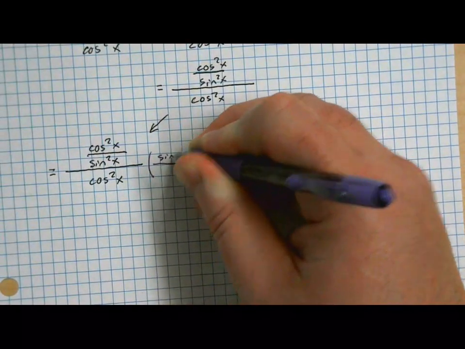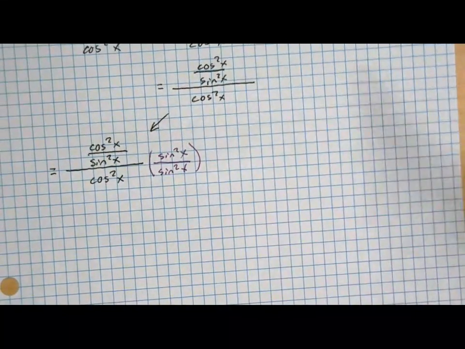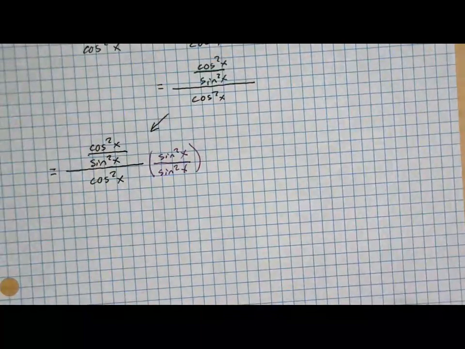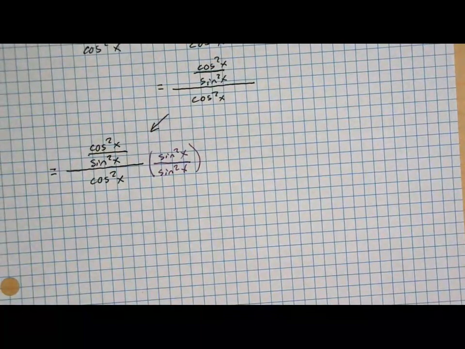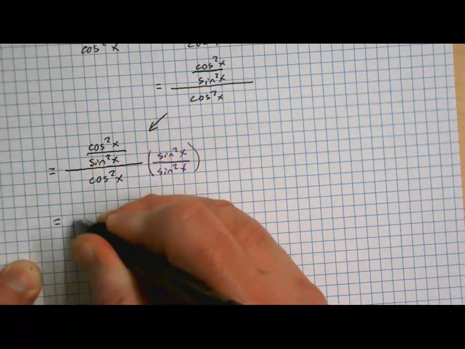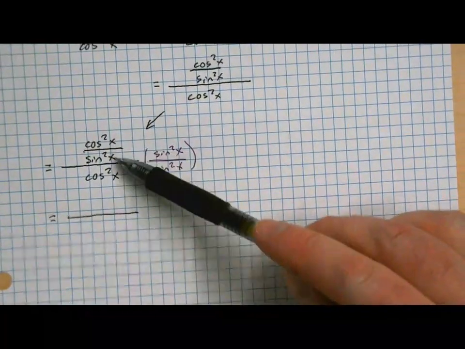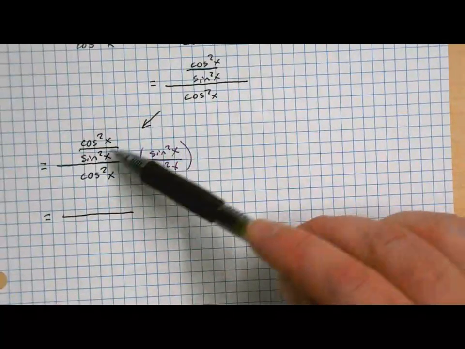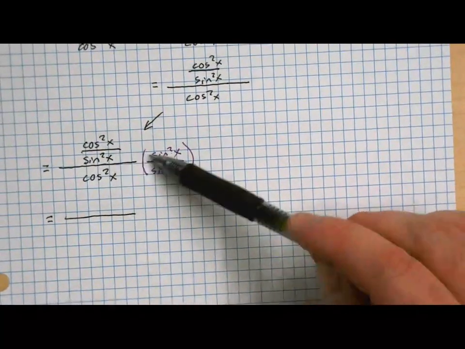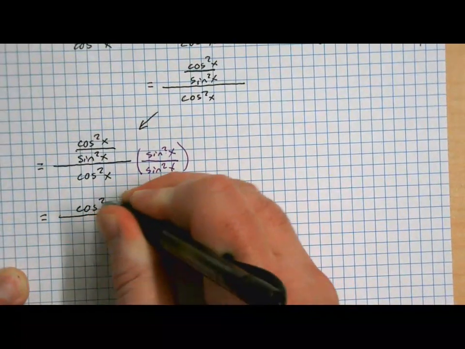It's going to be sine squared x over sine squared x. My whole purpose in doing that is to fix it so that my numerator up here, this fraction, cancels out, because sine squared times sine squared on the bottom cancels. We're just going to be left with cosine squared x up there.